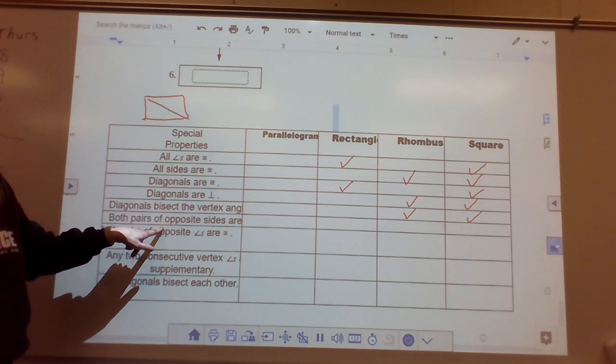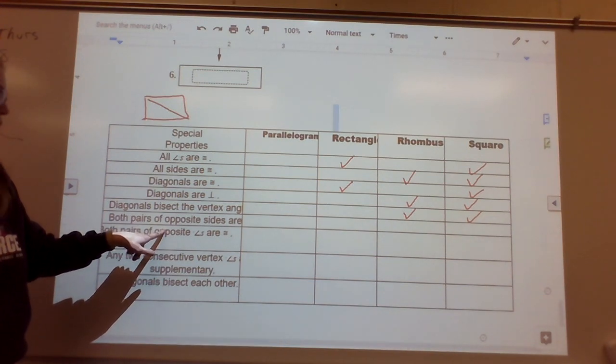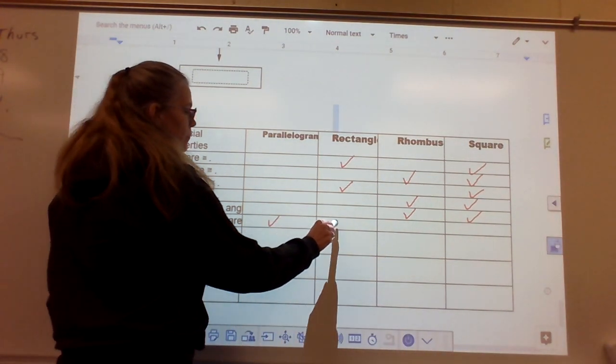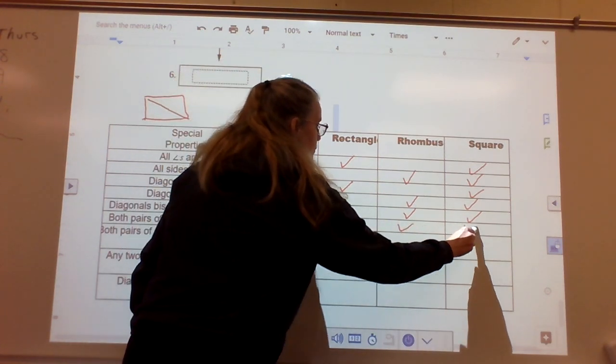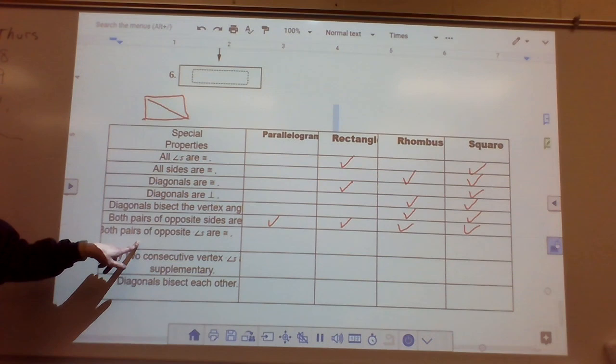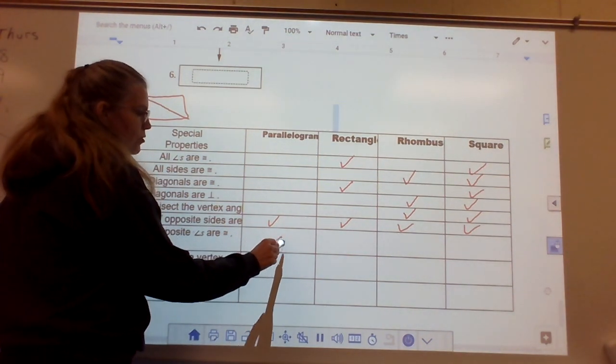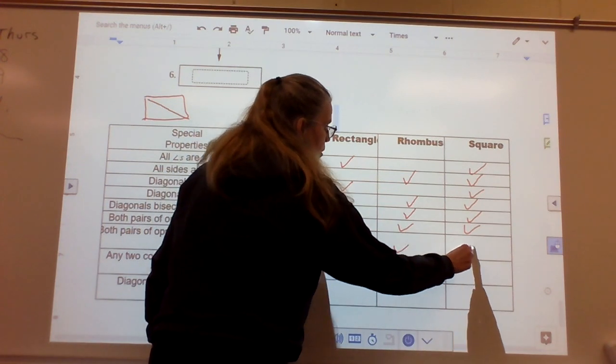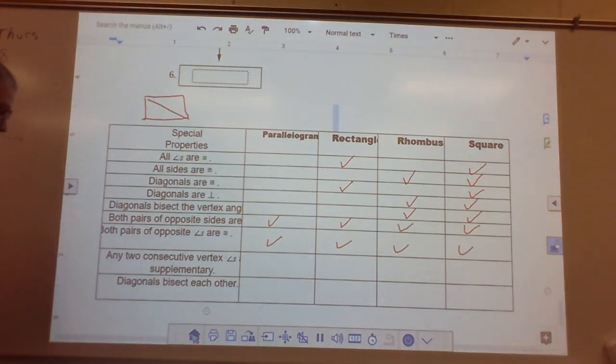Both pairs of opposite sides are, and that should say congruent. Both pairs of opposite sides are congruent. That's true on all of them. Both pairs of opposite angles are congruent. That's true on all of them. Because as soon as I mark parallelogram, I know it's true for everything else. Because all of these are types of parallelograms.